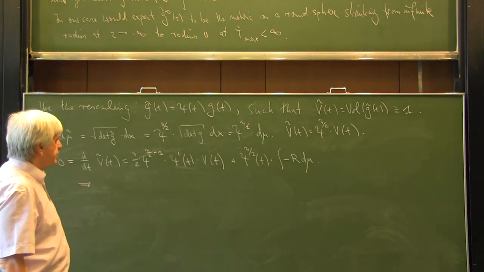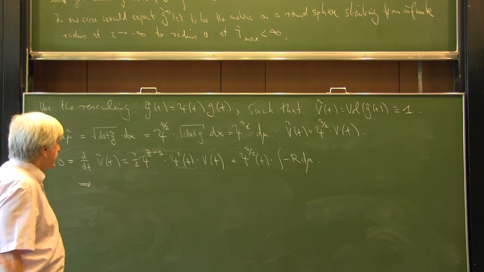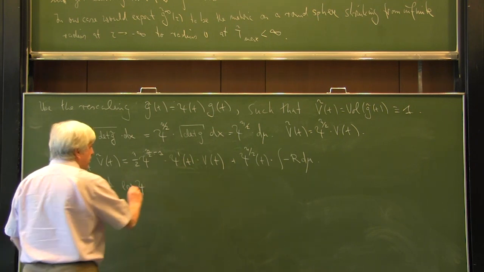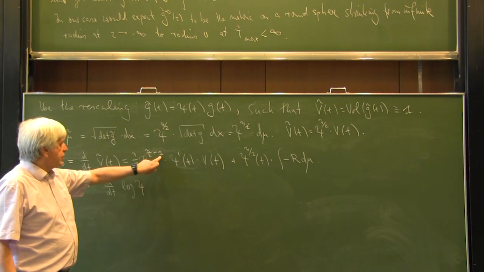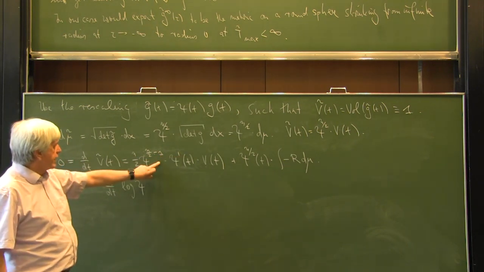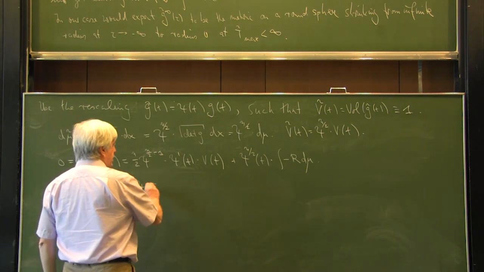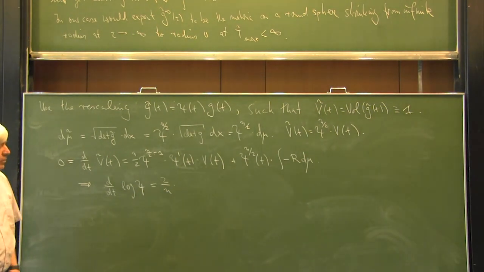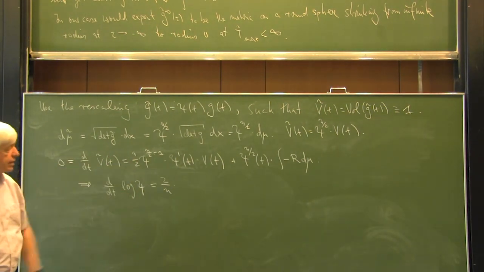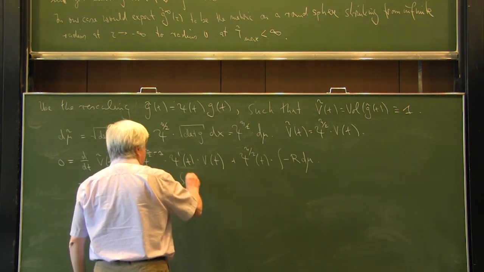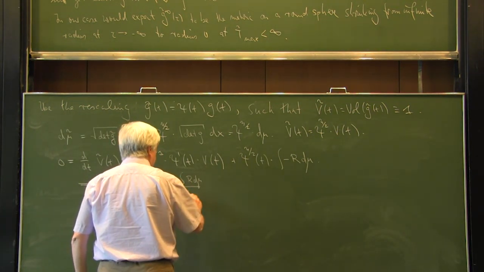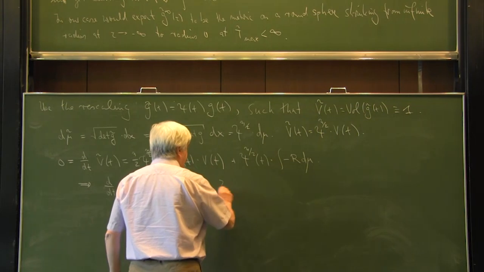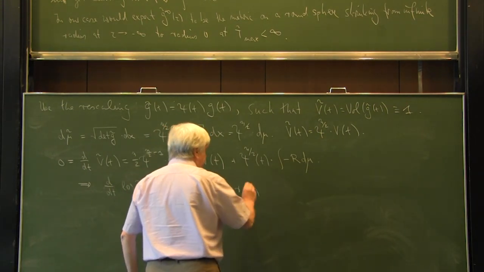we can solve this and we get that d/dt of log psi, psi dash over psi, the psi to the n over 2 cancels, must be equal to 2 over n times the integral of the scalar curvature divided by the volume, which is 2 over n times the average of the scalar curvature.